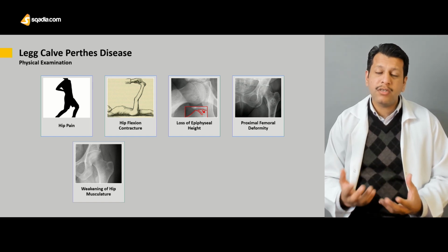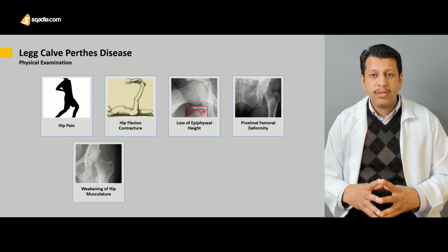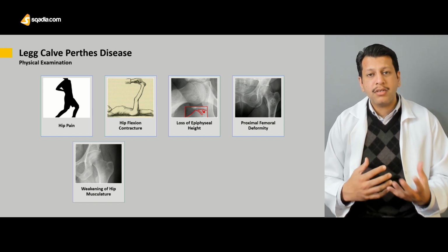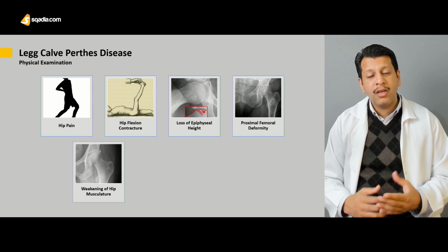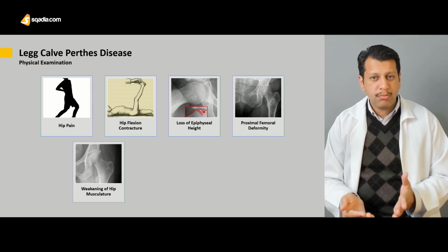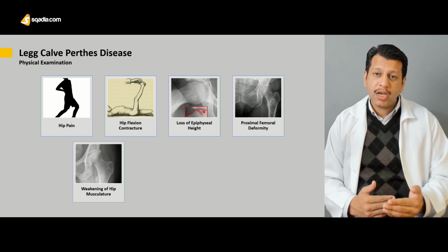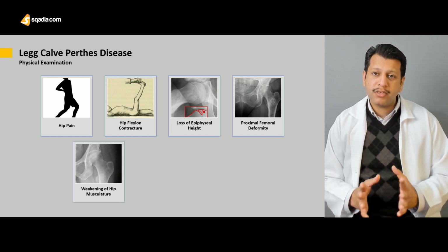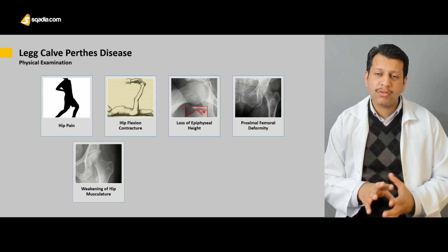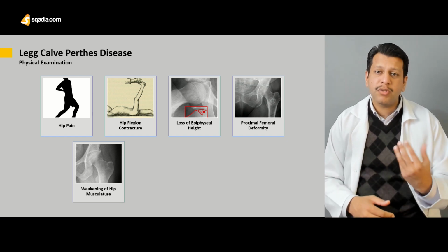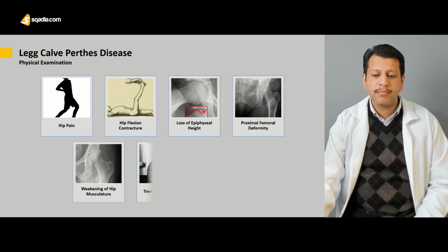This may eventually result in weakness of the abductors, or in some form of contracture of the hip joint, which may not be the initial problem for which he is seeking medical attention. But over a period of time, due to chronicity of the problem, the child has formed a sort of compensated mechanism, which may result in this situation.